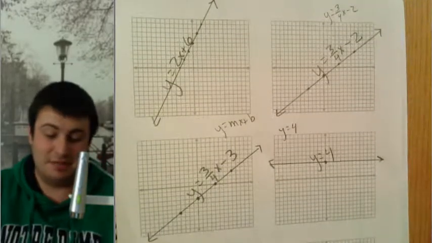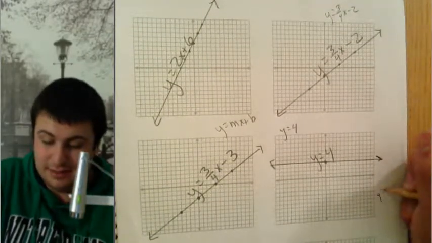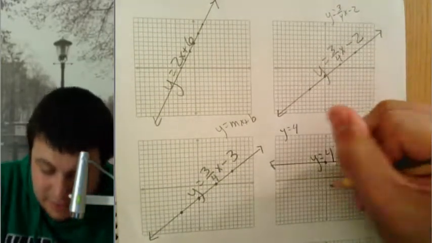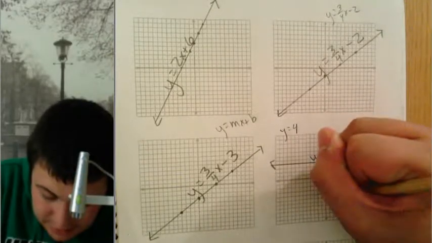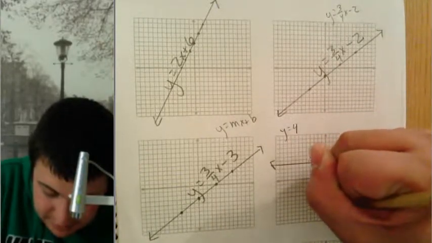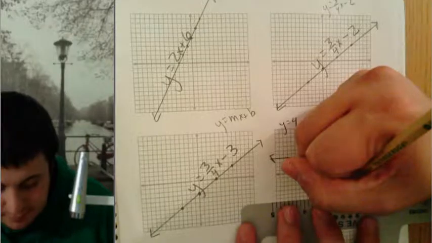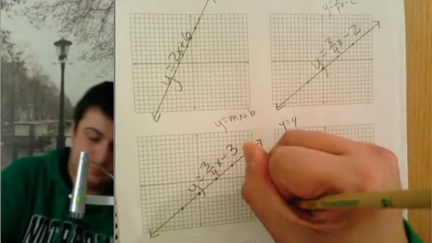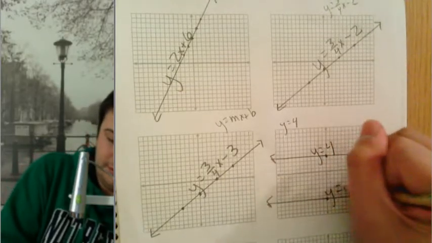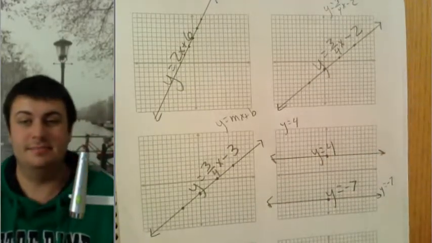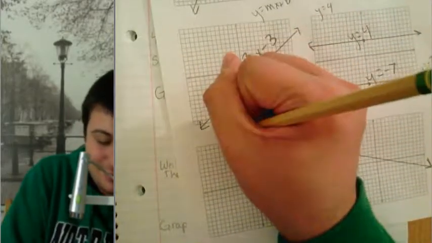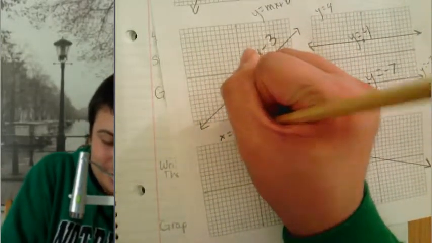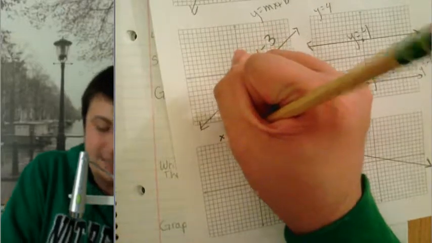For example, if we had y equals negative 7, we'd go negative 1, 2, 3, 4, 5, 6, 7, negative 7, slope of 0, and y equals negative 7 right there. Now, this one's not quite in slope-intercept form. Let's say we had a line that said x equals negative 5.